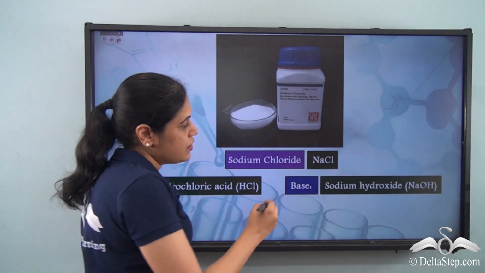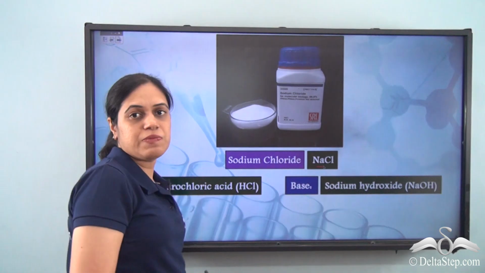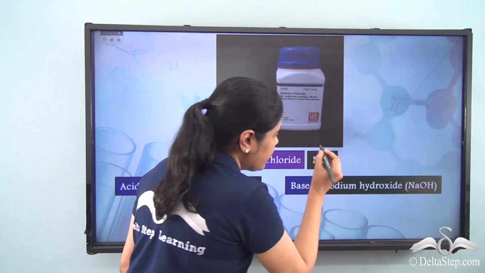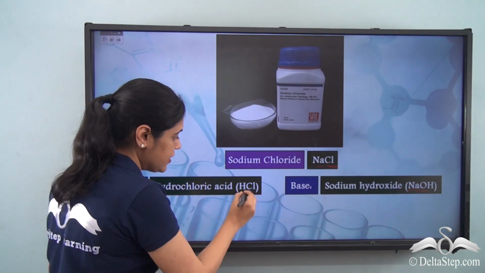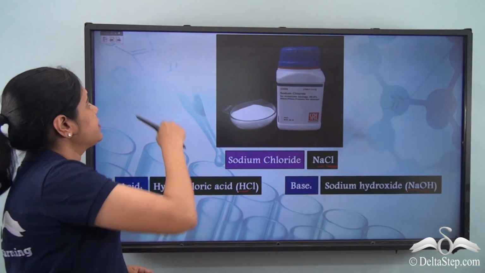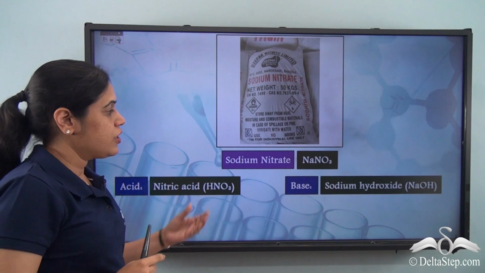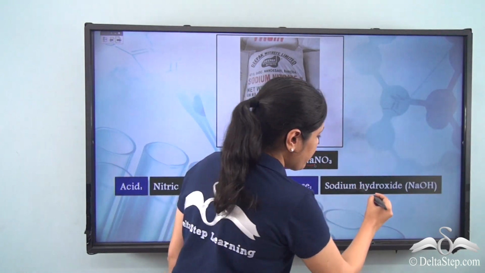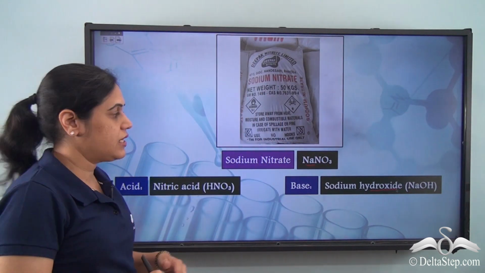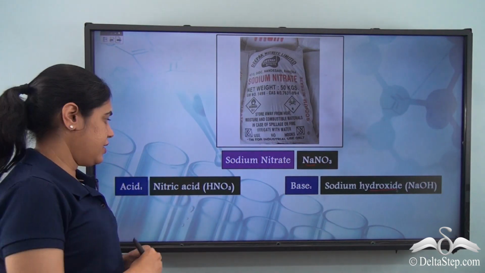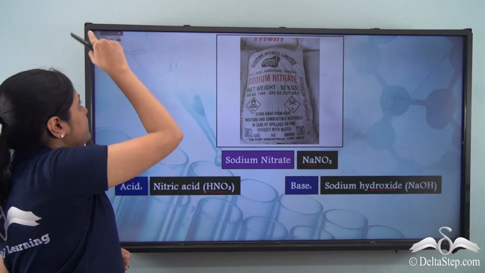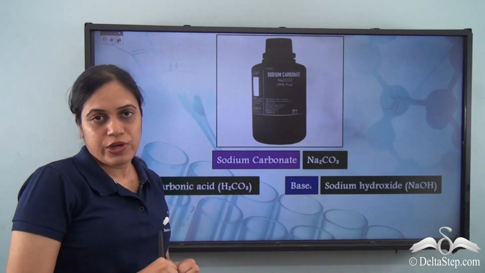Sodium chloride. The sodium ion comes from the base sodium hydroxide and the chloride ion comes from the acid hydrochloric acid. Sodium nitrate. The sodium ion comes from the base sodium hydroxide and the nitrate ion comes from the acid nitric acid. Sodium carbonate.